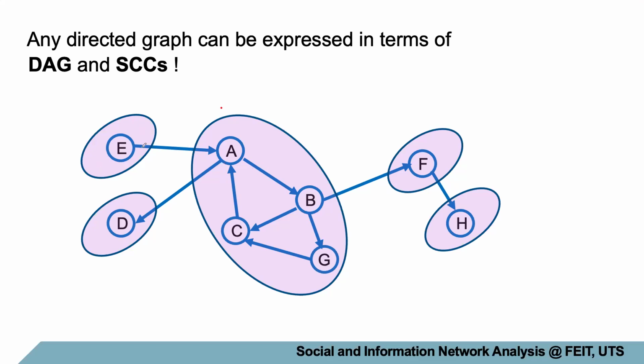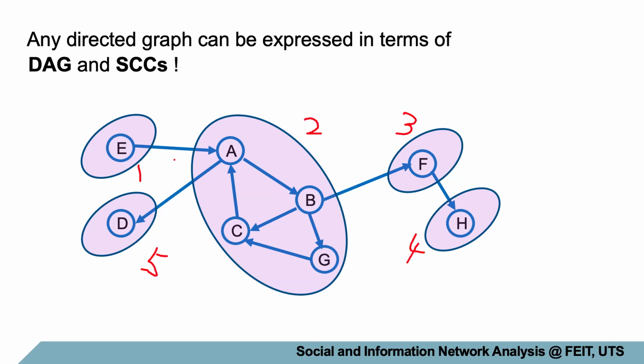You can see they have directions, but they cannot reach each other. So if this is node 1, node 2, node 3, node 4, node 5, then this abstracted graph with 5 vertices with edges between them is a DAG.